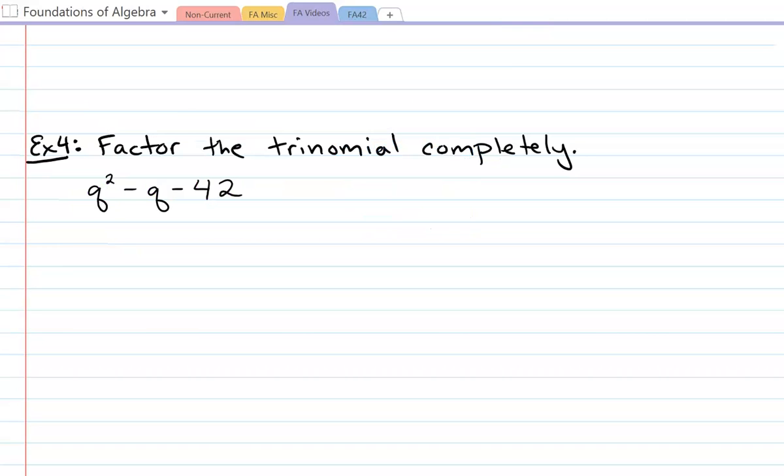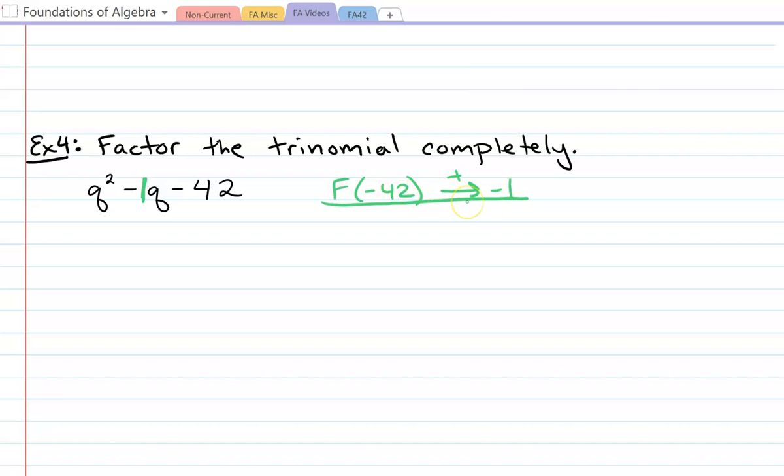Let's do another one. We have q squared minus q minus 42. So we're looking for factors of negative 42 that add to negative 1. Remember, when we don't see a coefficient, the coefficient is 1, so negative q becomes negative 1q. Because it multiplies to negative 42, one of the factors has to be negative and one has to be positive.